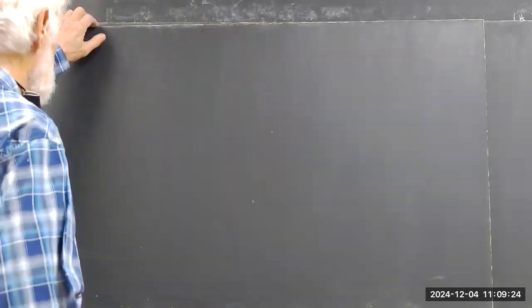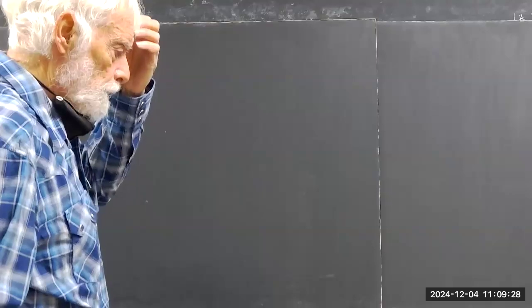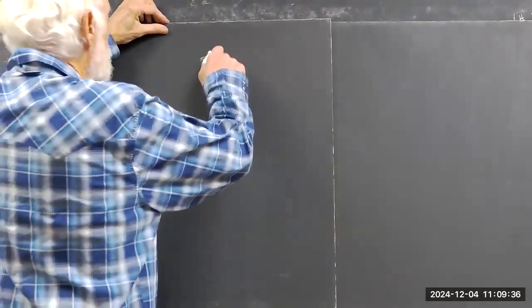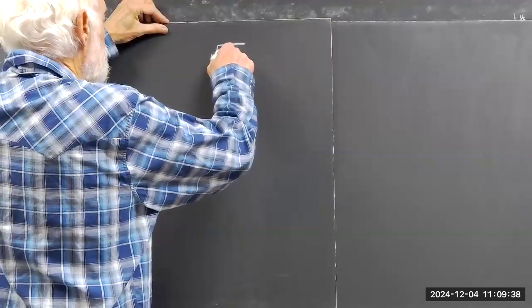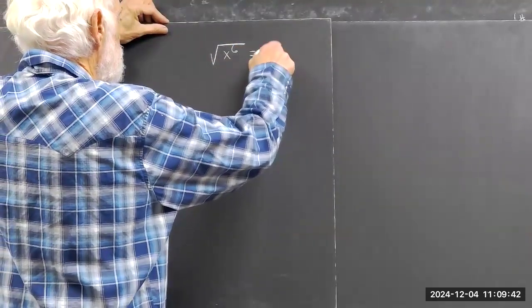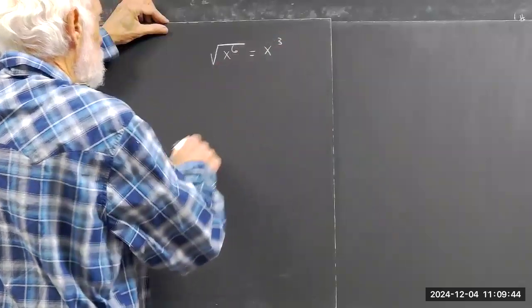Okay. In the preceding video, we looked at the rules for exponents, and we also looked at square roots. For example, the square root of x to the sixth would be x cubed. Why?